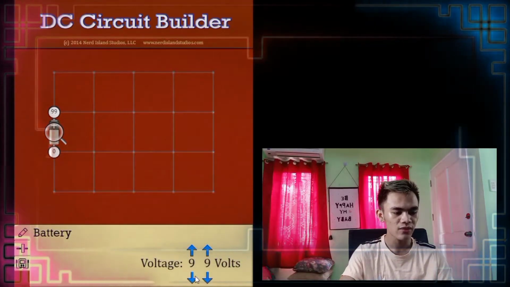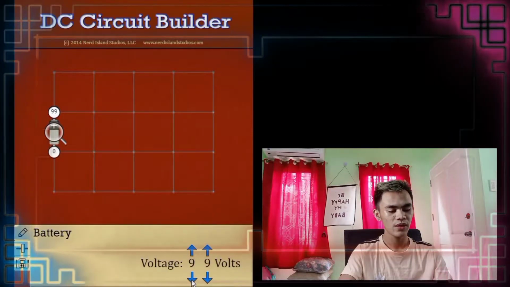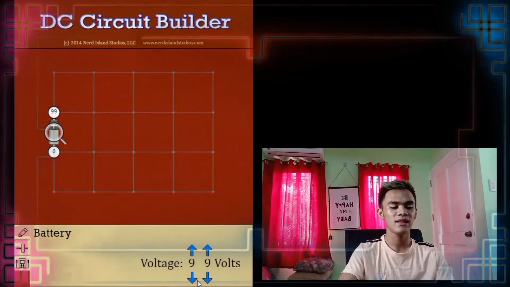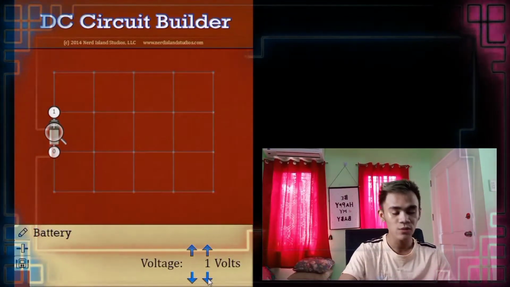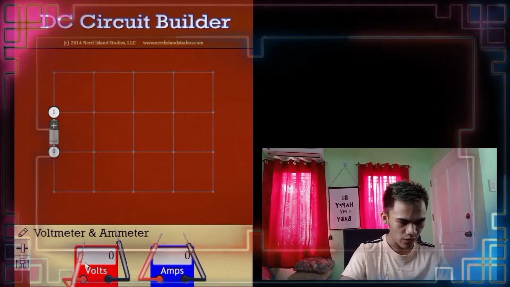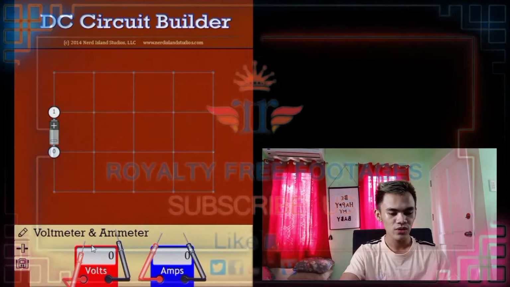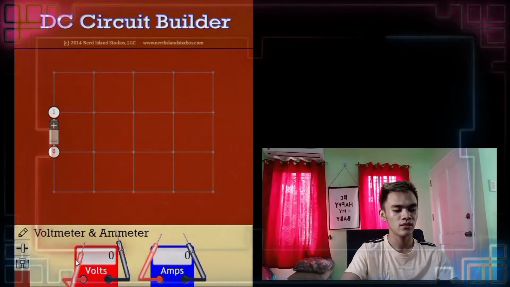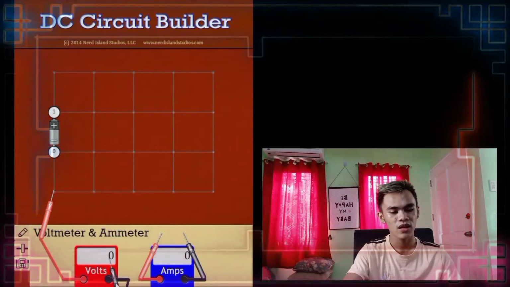Second, we have the battery or the source. We can adjust the source, and its maximum voltage is 99. Let's see its minimum. Its minimum is 1 volt. In the third part, we also have a voltmeter. The voltmeter is used to measure voltage and the ammeter is used to measure current. This red is positive and this black is negative.